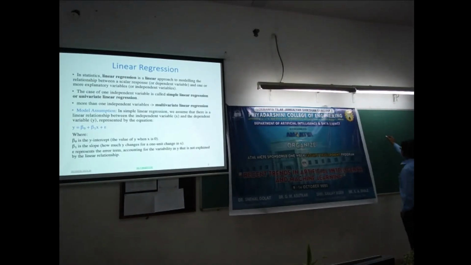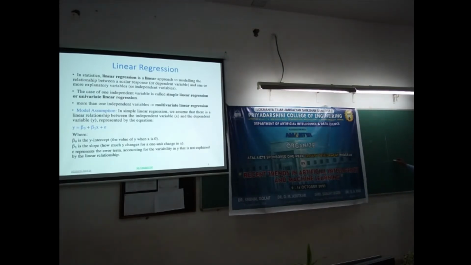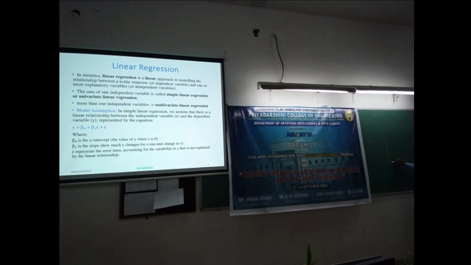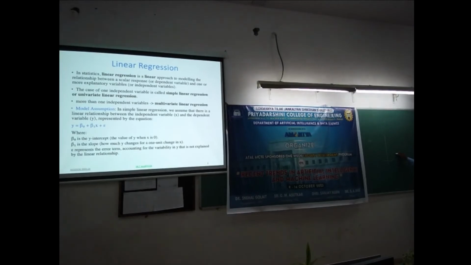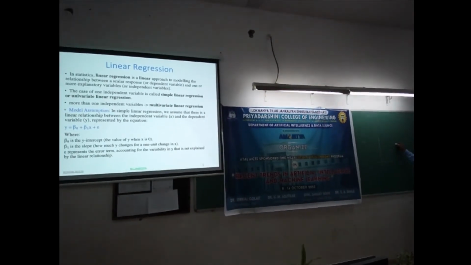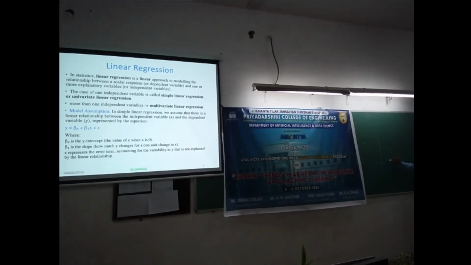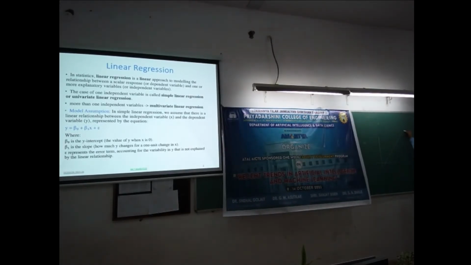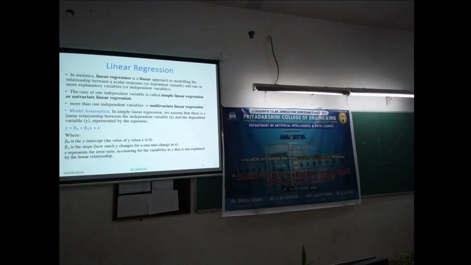So how should linear regression ideally be? If you have some phenomenon, and this is a line, the best fit line, suppose I draw all the points of all my observations exactly on the same line. This is the ideal case, but this is not usually the case.